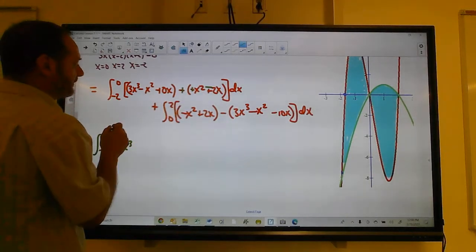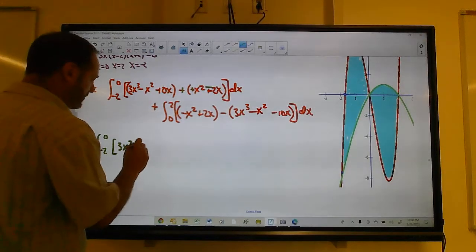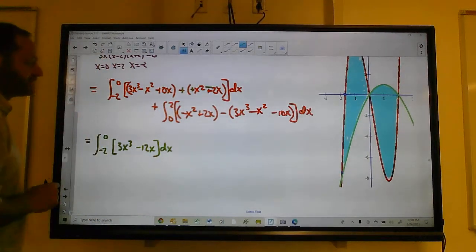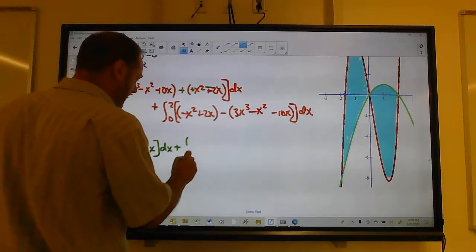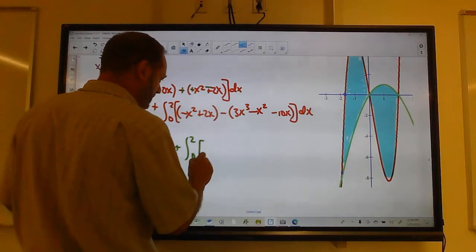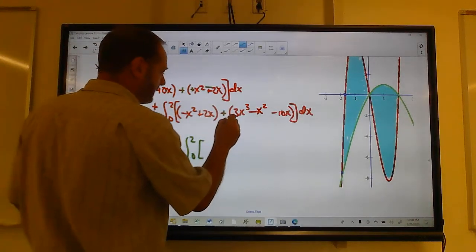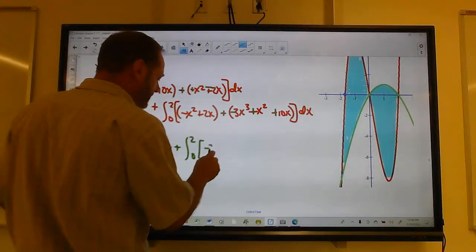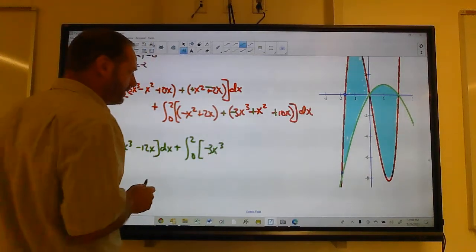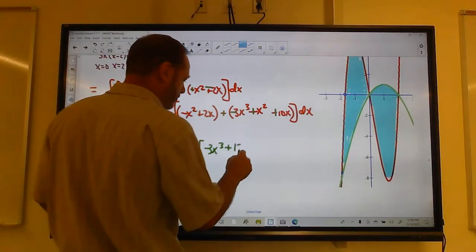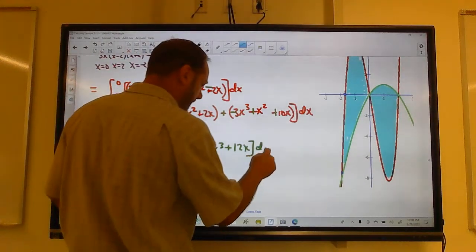The x squareds cancel, and I get a minus 12x dx. So that's a little simpler. I'm going to add to that the integral from 0 to 2. Okay, we'll make that plus, minus, plus, plus. So we've got minus 3x cubed. The x squareds go away again, and we get plus 12x dx.